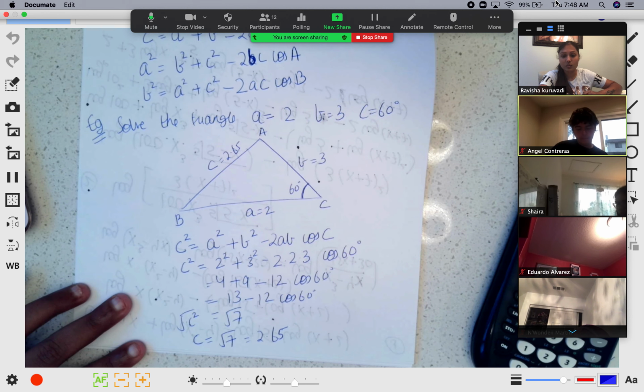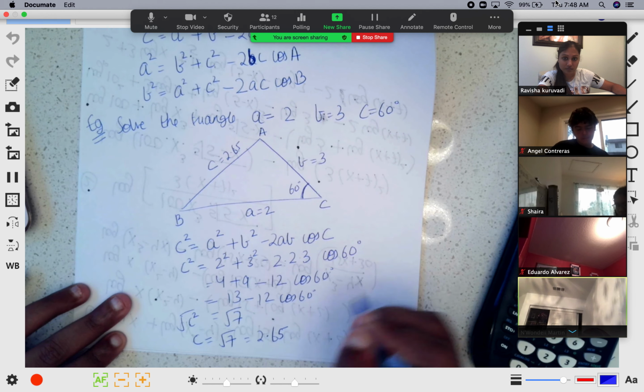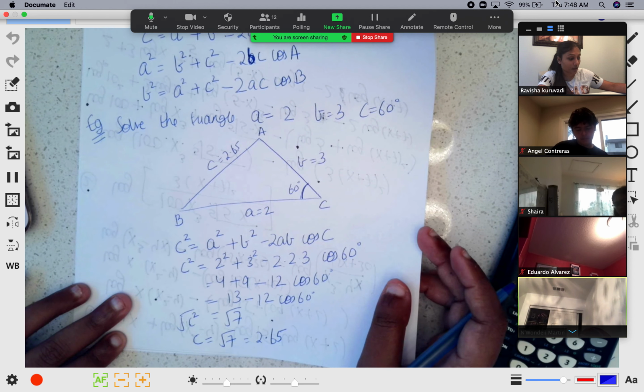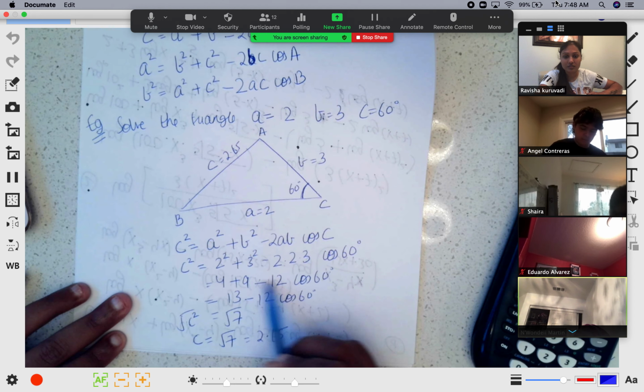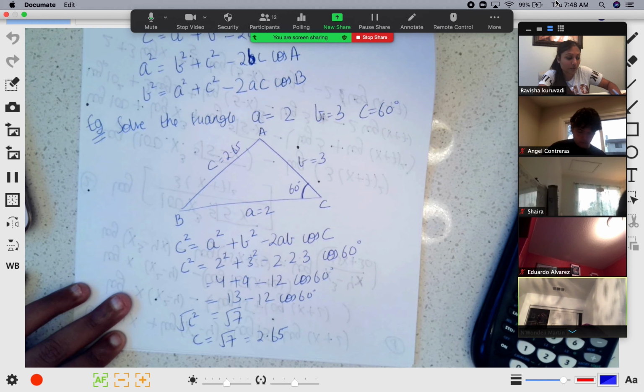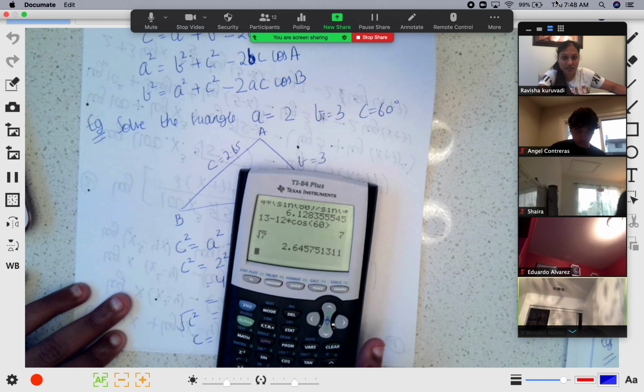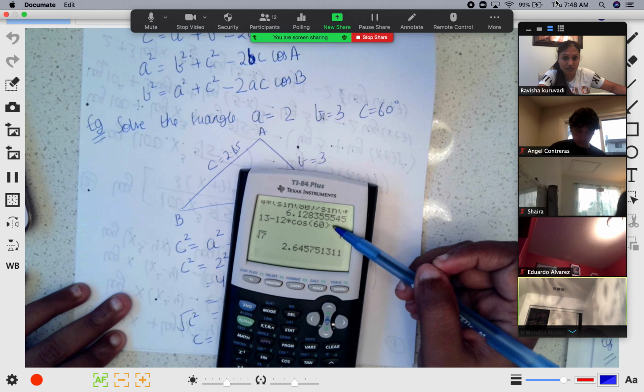Any questions, anyone? What do you do with the cosine 60 degrees? I put it in the calculator directly, this whole thing: 13 minus 12 cosine 60 degrees, and it gave me 7.